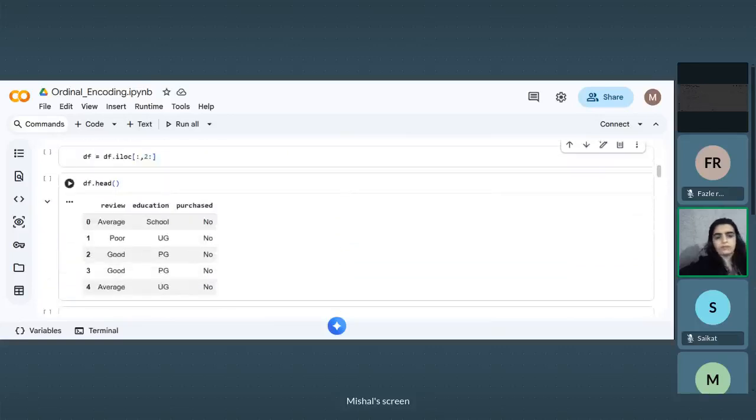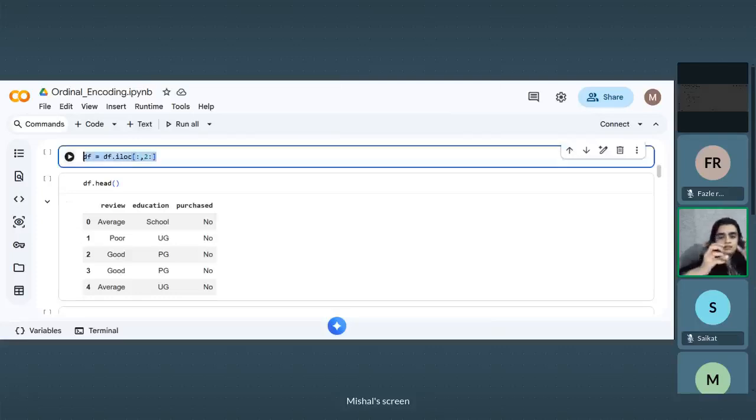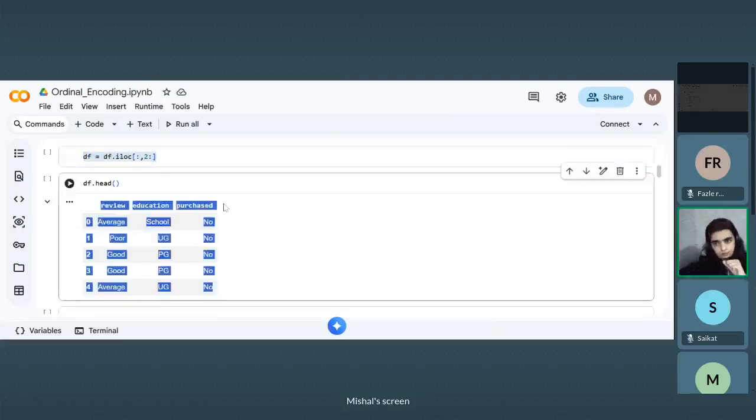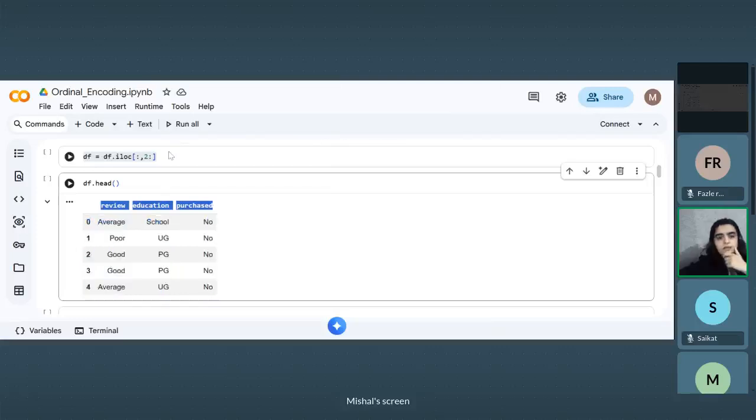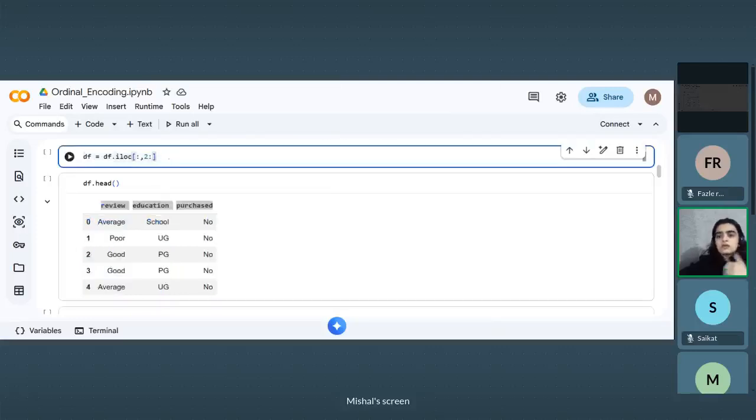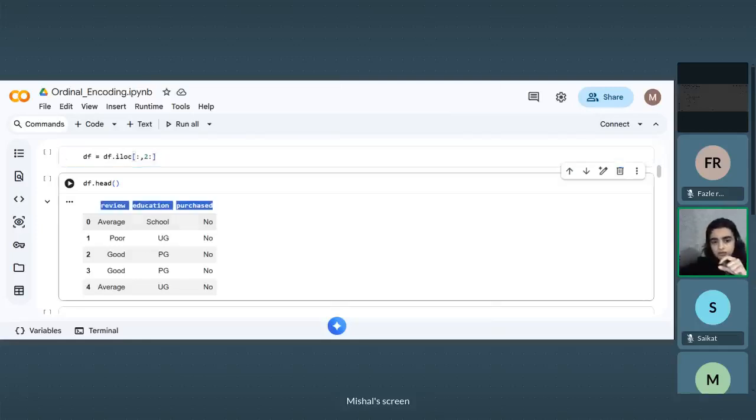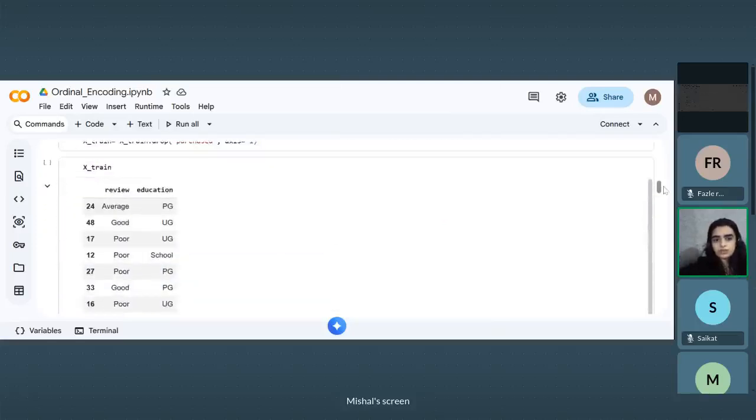We are applying this iloc function and we are considering just these three columns here. We will discuss later how iloc works. But right now we have minimized our data set and we are considering these three columns: review, education, and purchased. Now we are dealing with them.